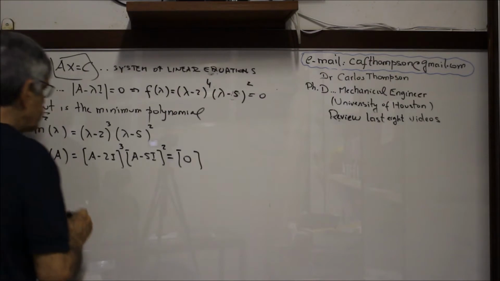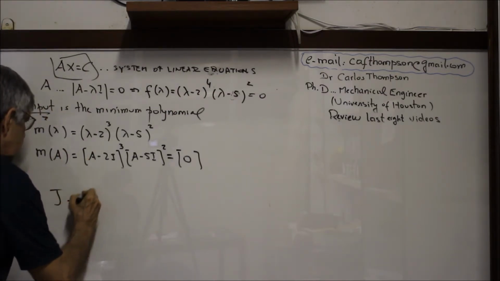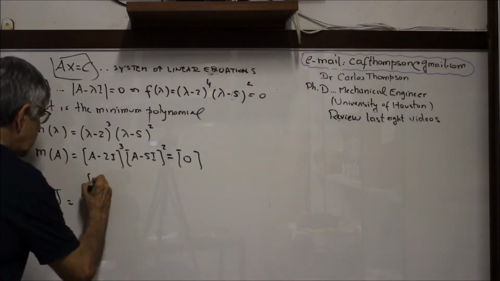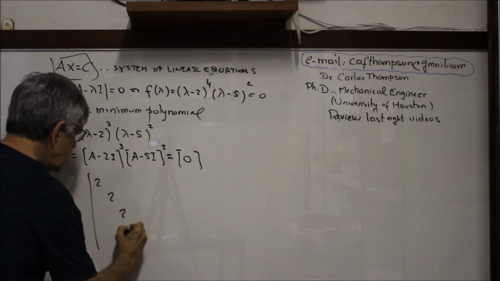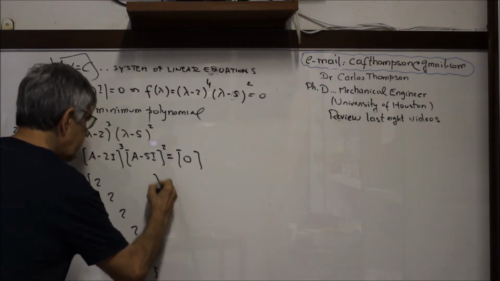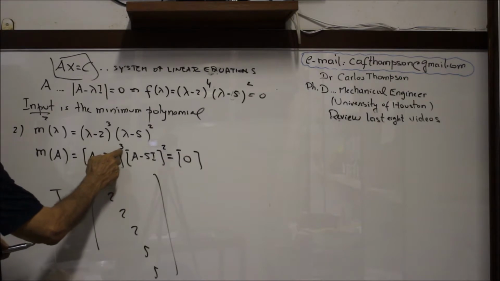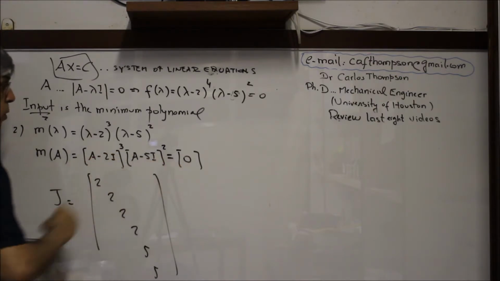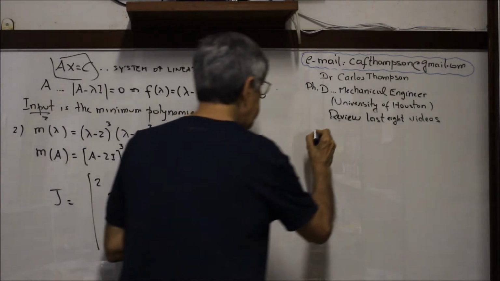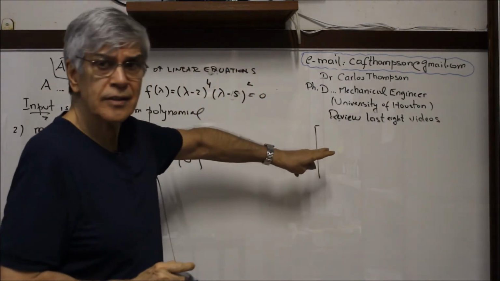Now, from here, how can I build J? Let's see. Then I'll put here J is equal to 2, 2, 2, 2, 5, and 5. Okay, now, here is a power 3 that is 0. So remember, you always have to remember these blocks.